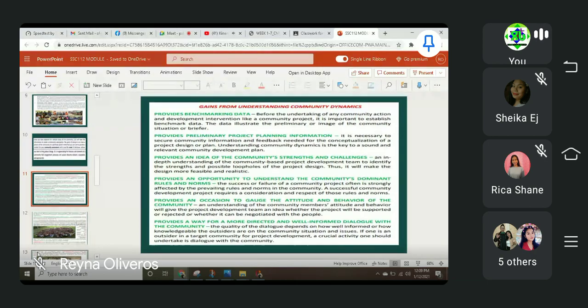May na-miss lang kaming isa. Alam niyo kung ano 'yon? The attitudes and behaviors ng mga tao dun sa community. 'Di ba? Ano yung mga gusto nila tsaka hindi nila gusto, ganun. So, kumbaga, dahil excited kami to do the activity, to do the community service, we came up with a campaign, no?